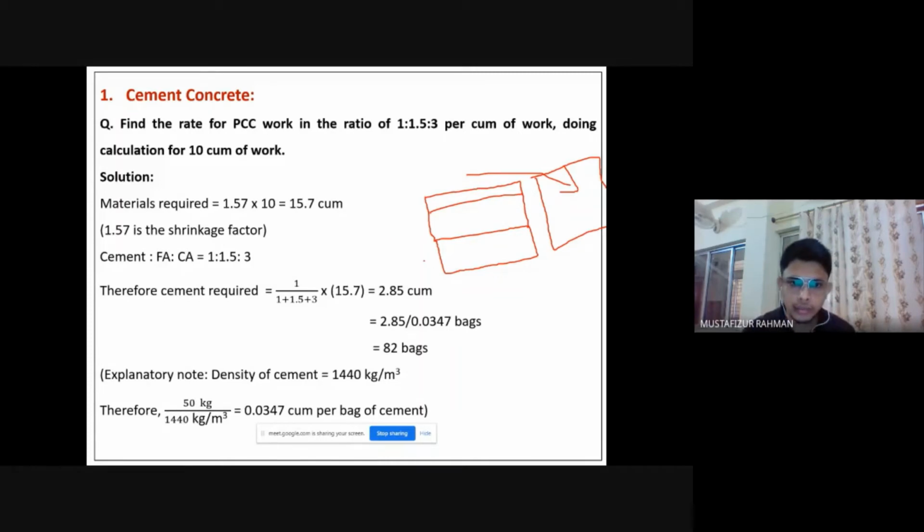So when we mix them up, the volume is going to reduce. Because it is going inside the pores or voids, we'll get this much amount of concrete ultimately. Therefore, if we want this much amount of concrete, then we have to take more dry materials, mix them up, and then only we will get that value. So that is the shrinkage factor.